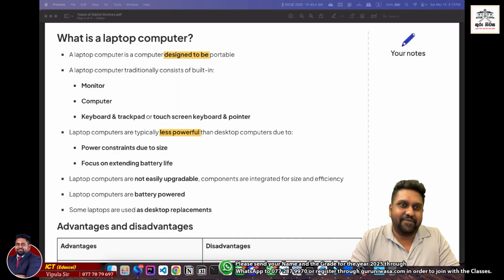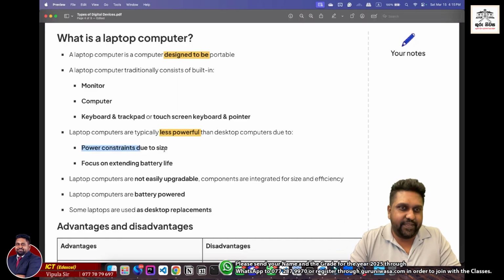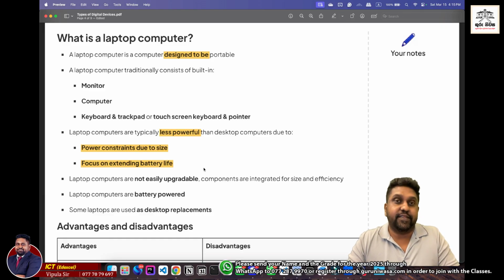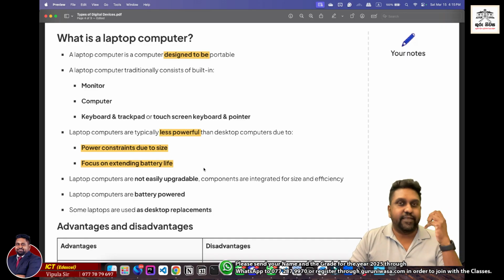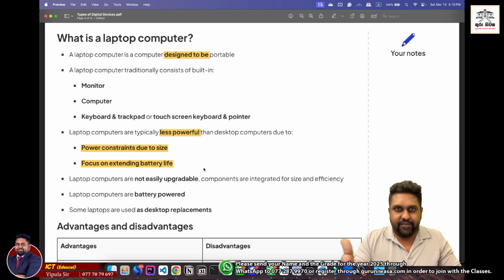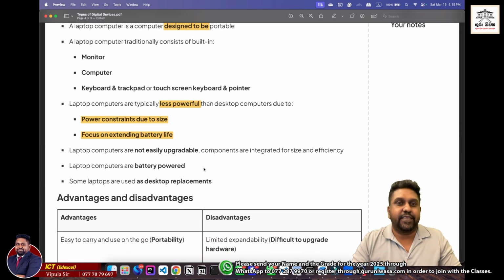Because of the size there is a certain constraint of power, and since this is designed to be mobile, battery life is also a focus. Because battery life is one of the important points, the power is automatically reduced to make sure that it can last for a long time.